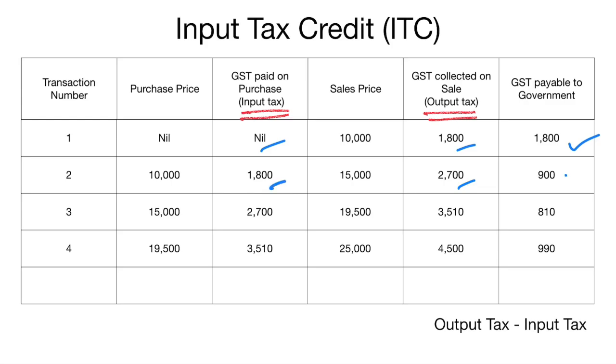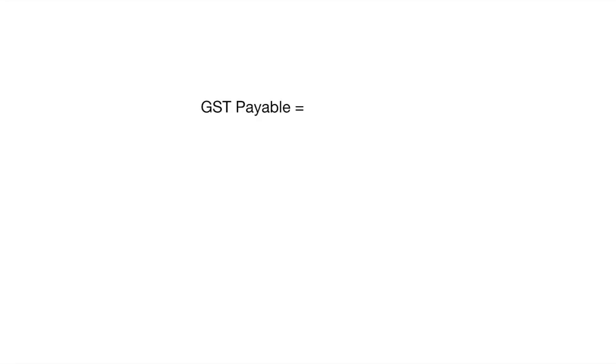It comes to 900. Again it matches. Third transaction also it is true. 3,510 minus 2,700 is equal to 810. Fourth also true. 4,500 minus 3,510 is equal to 990. So we can say GST payable to the government by an assessee is calculated as output tax minus input tax.